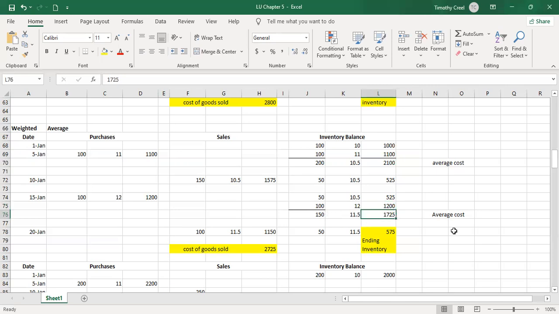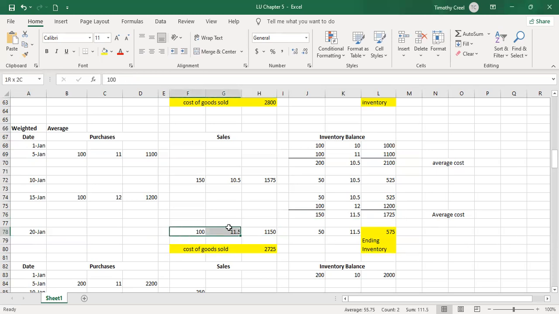So we take the total value of the inventory, divide it by the units, and come up again with an average cost of $11.50 per unit. We make our last sale on January 20th. We take the 100 units times $11.50 per unit, and we get a total value of $1,150.